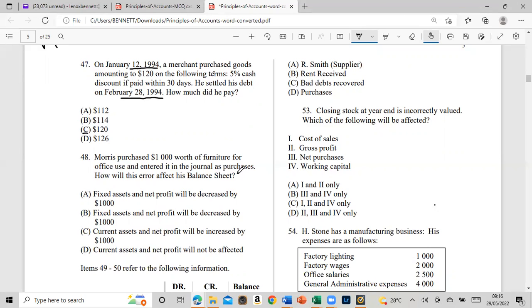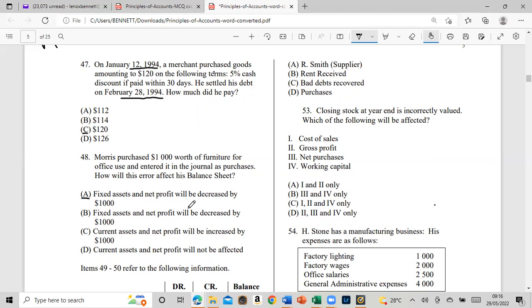Or D, current asset and net profit will not be affected. We can eliminate E right away. Let's look at A: fixed asset and net profit will decrease by $1,000, so 48 would be A.